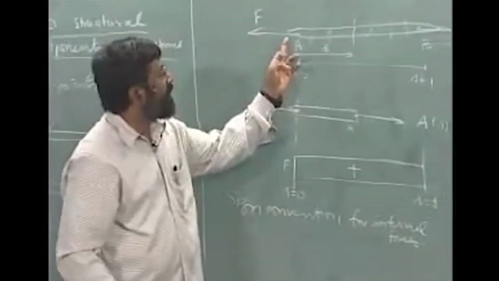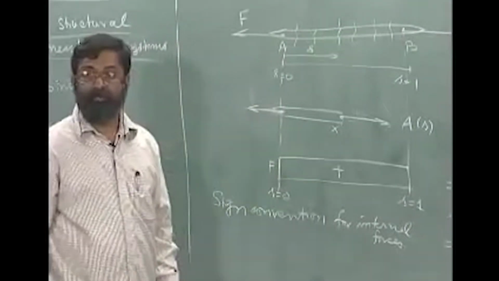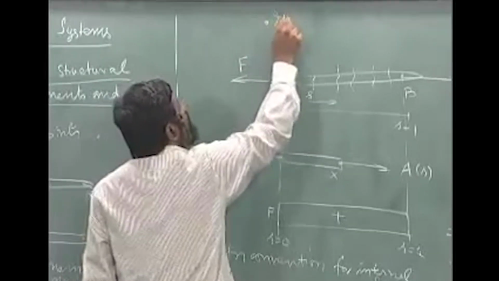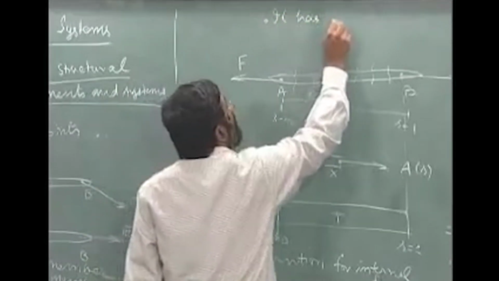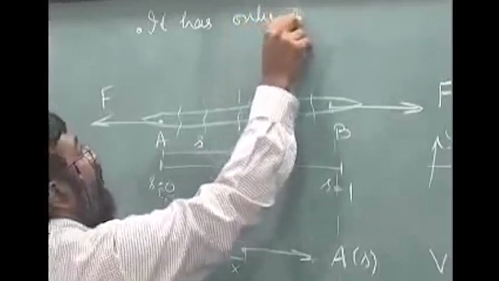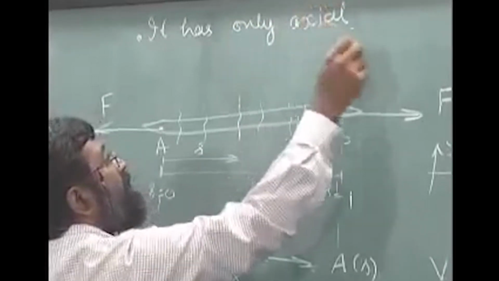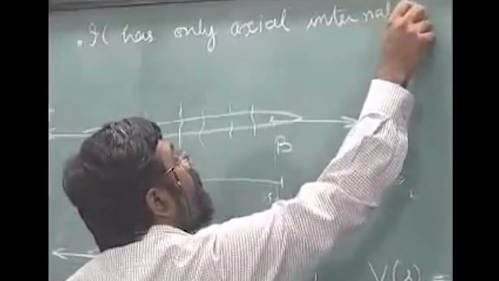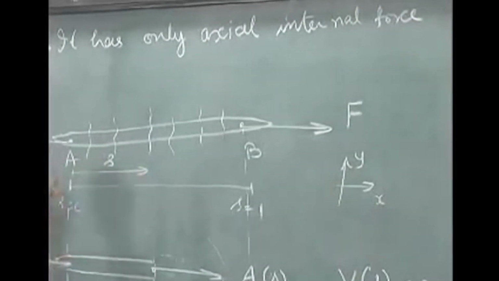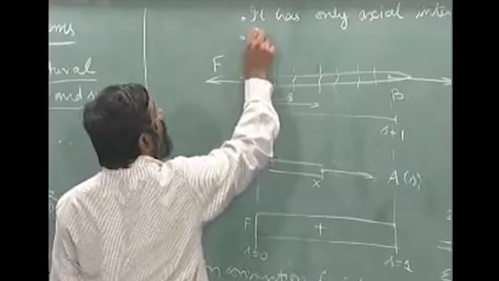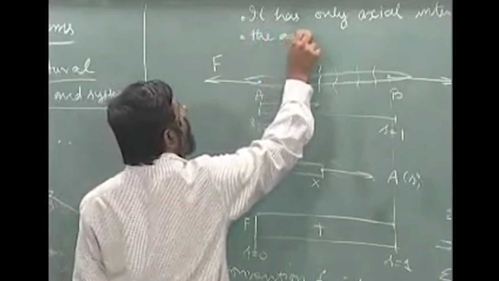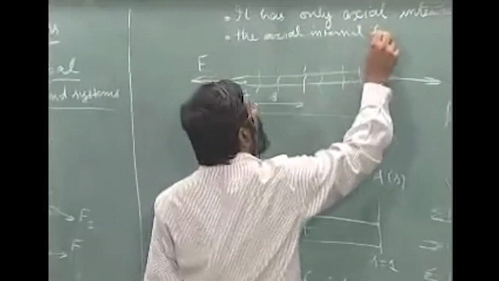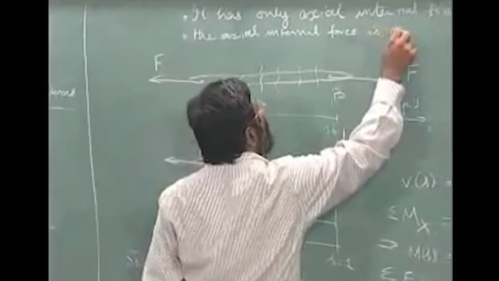So one thing that I realize in this kind of member is, let me write it down here, it has only axial internal force, and the other thing is the axial internal force is a constant throughout.